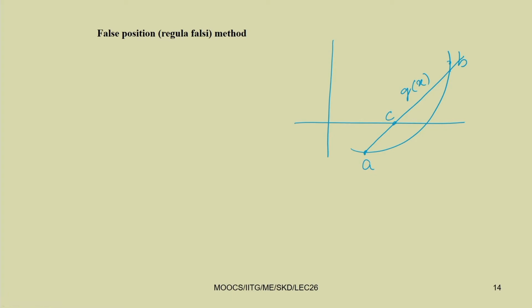So, you know this g dash x, we can take either the sections B C or A B. If we are taking the section B C, then the slope of this g dash x is nothing but the slope of this line, and it can be obtained by f b minus f c by b minus c.